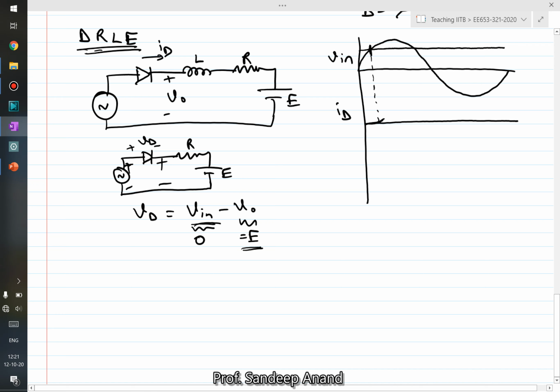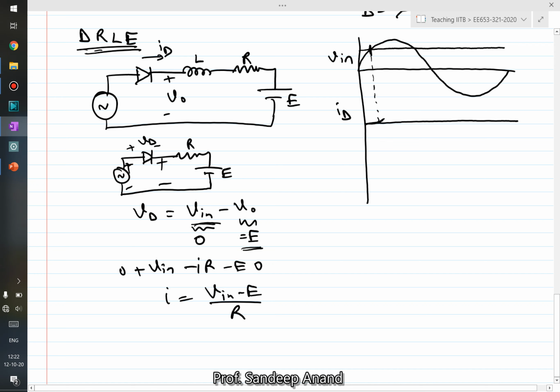Now you can see how the current will behave. I can write the KVL equation, which is 0 plus Vin minus I into R minus E equal to 0. Here there is no differential equation, so the current would be given by Vin minus E divided by R. So essentially the current would follow the wave shape of Vin minus E by R.